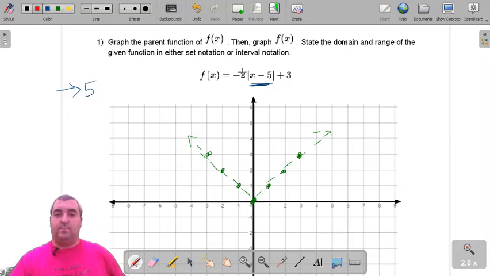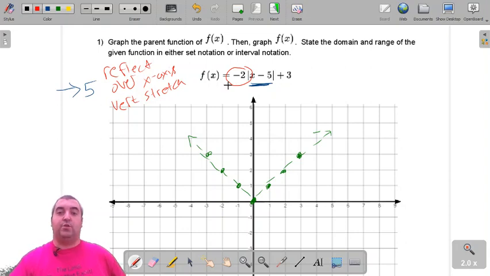Then the -2 tells us we are going to reflect over the x-axis, so a vertical reflection, if you will. And then also the vertical stretch, and specifically by 2, because that's the number.